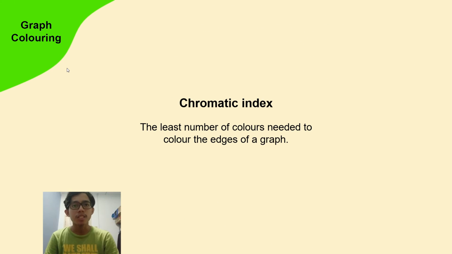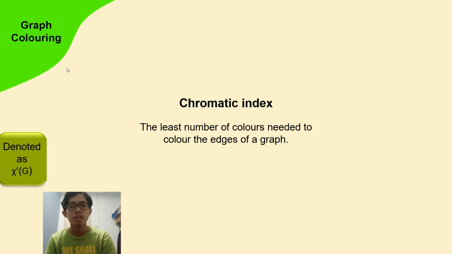The last term is chromatic index. Chromatic index is the least number of colors needed to color the edges of a graph. It is denoted as X'(G). So this time we do not color the vertices, instead we color the edges. But the concept is still similar, where we assign different colors if the edges are adjacent.